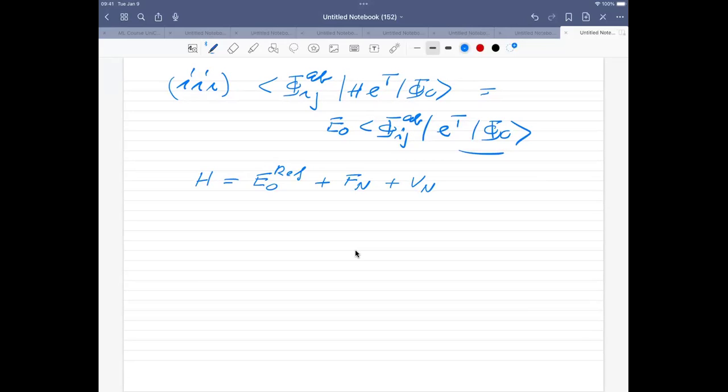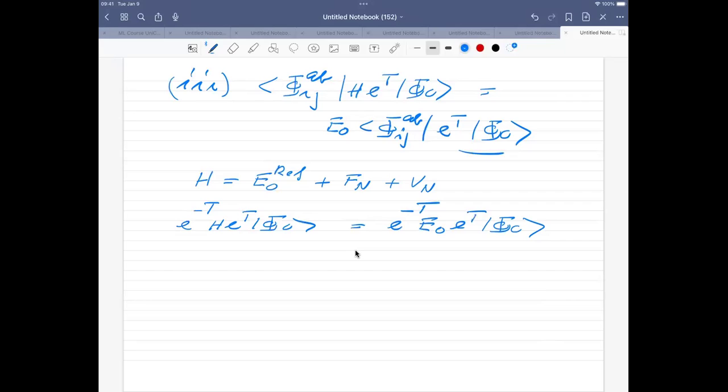Now, what we are going to do now, if we look at the equations, we had H e^T phi 0, and this is equal to E0 e^T phi 0. If I simply multiply these equations with e^(-T) here, then I'm going to define a new Hamiltonian.